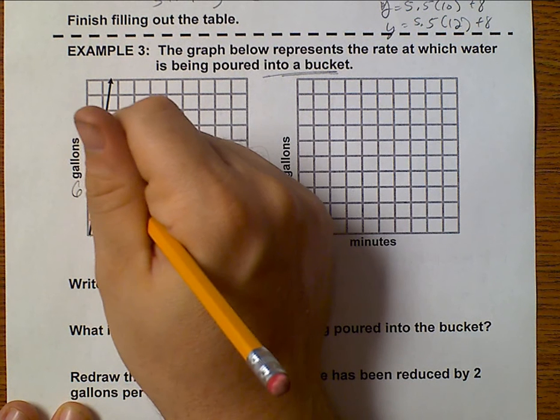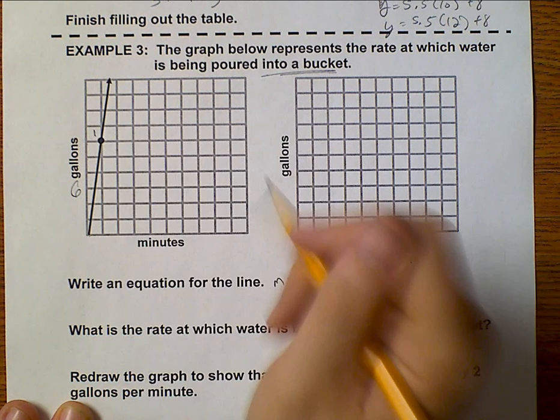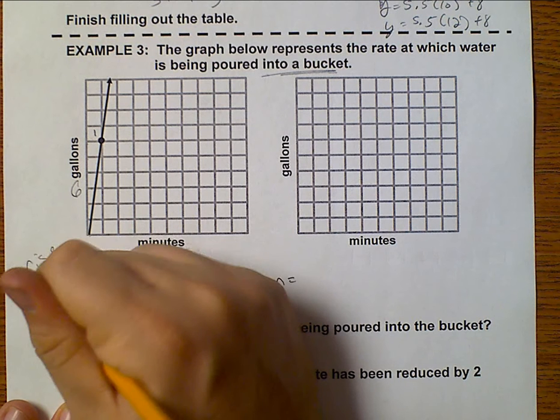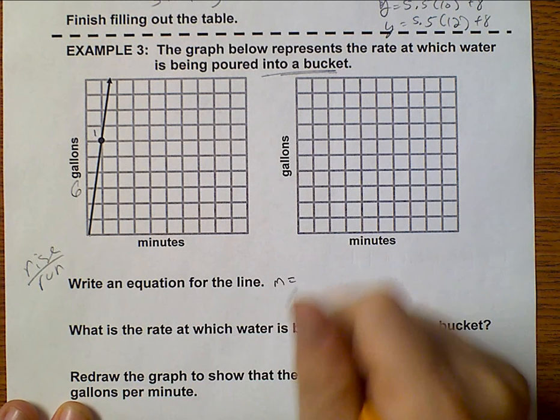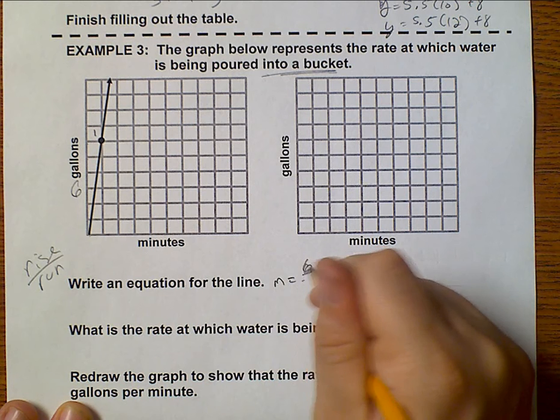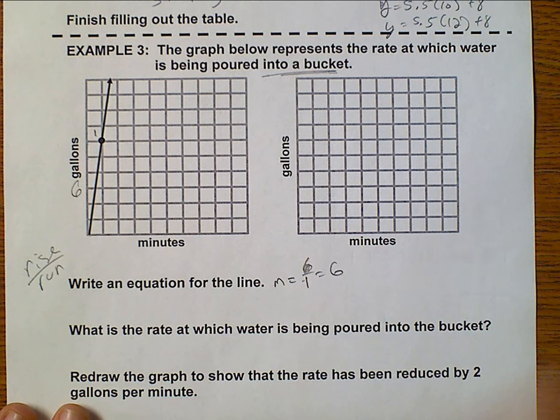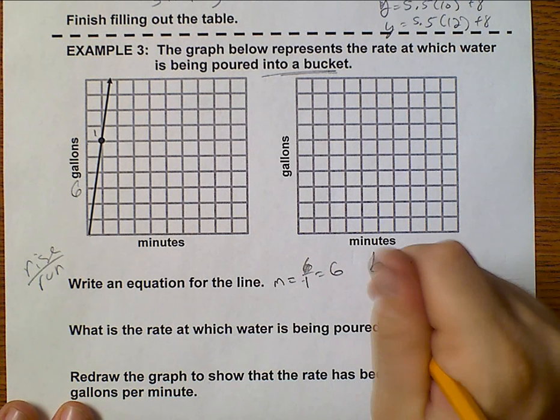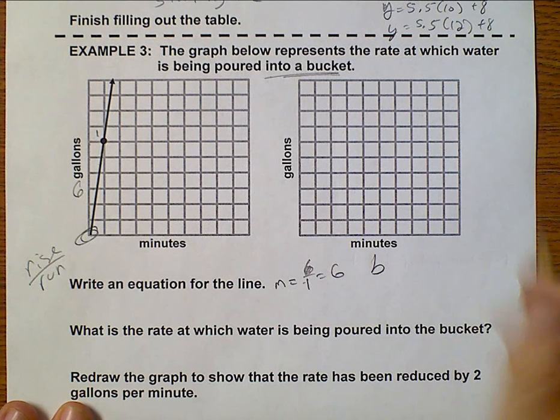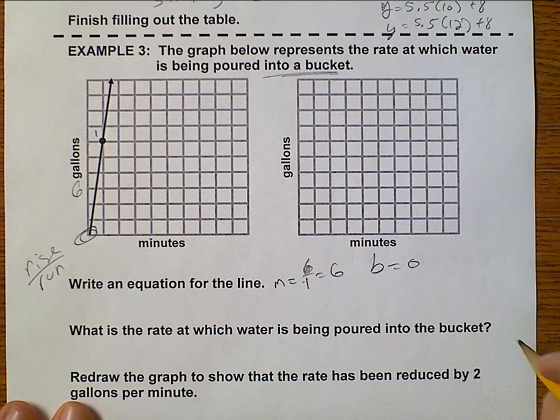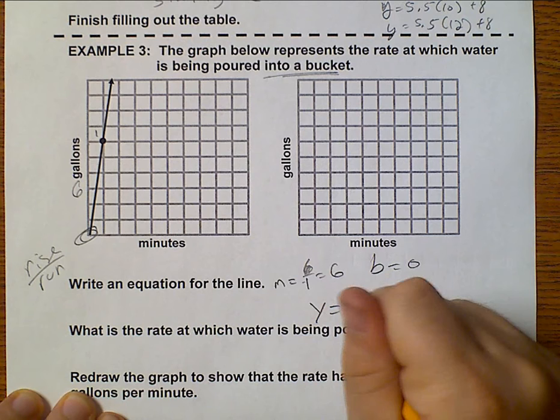And I'm going over 1. So rise over run is 6 over 1, which is just 6. My b value looks to be at 0. So y must equal 6x.